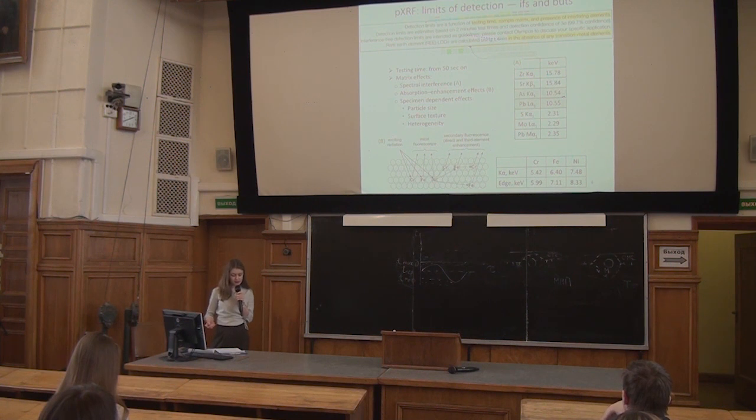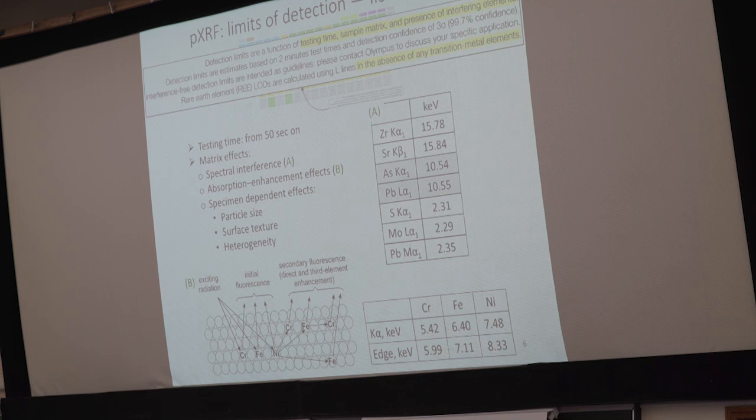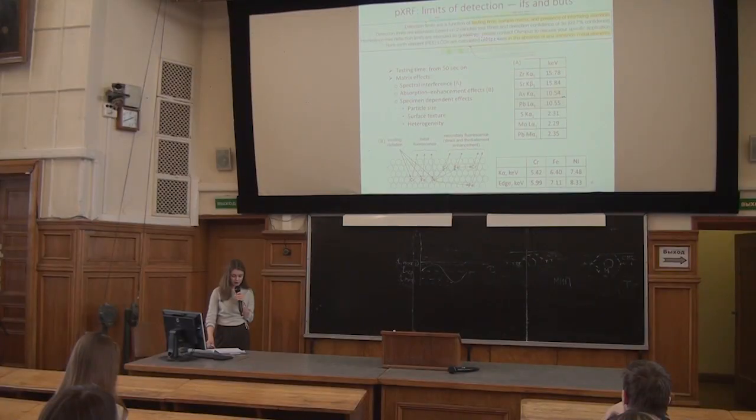Therefore, spectral line intensity may be increased or reduced. Specimen-dependent effects include particle size, surface texture, and heterogeneity effects. These factors affect penetration of X-ray tube radiation, excitation of the atoms, and the final spectrum. They are mostly dealt with by appropriate specimen preparation.